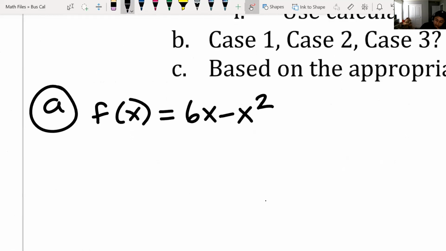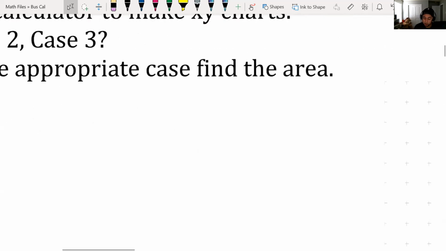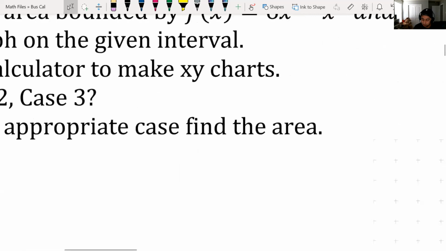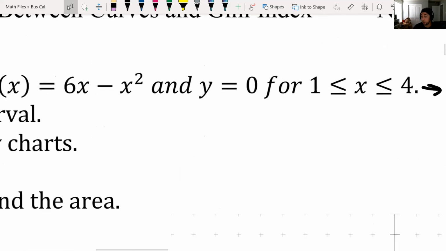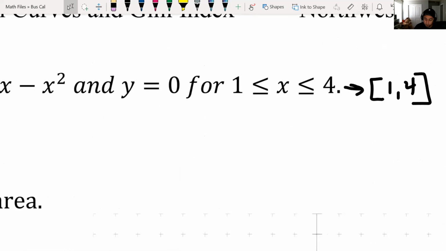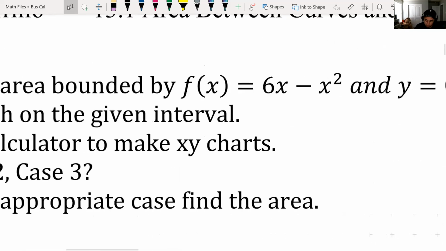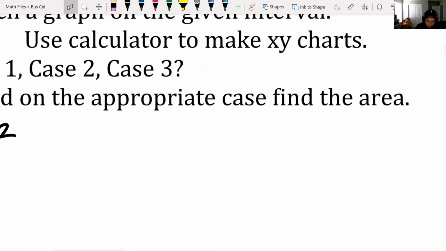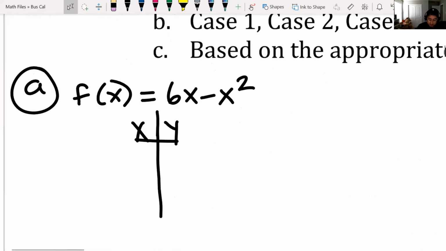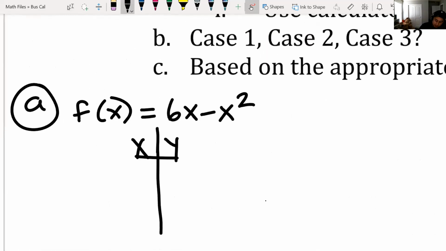And then I'm going to make an XY chart for it, so we know how to graph it. And they are already giving us the numbers to choose. They say, choose the numbers from 1 to 4. So that's where my x values will be. They're going to be 1, 2, 3, 4.